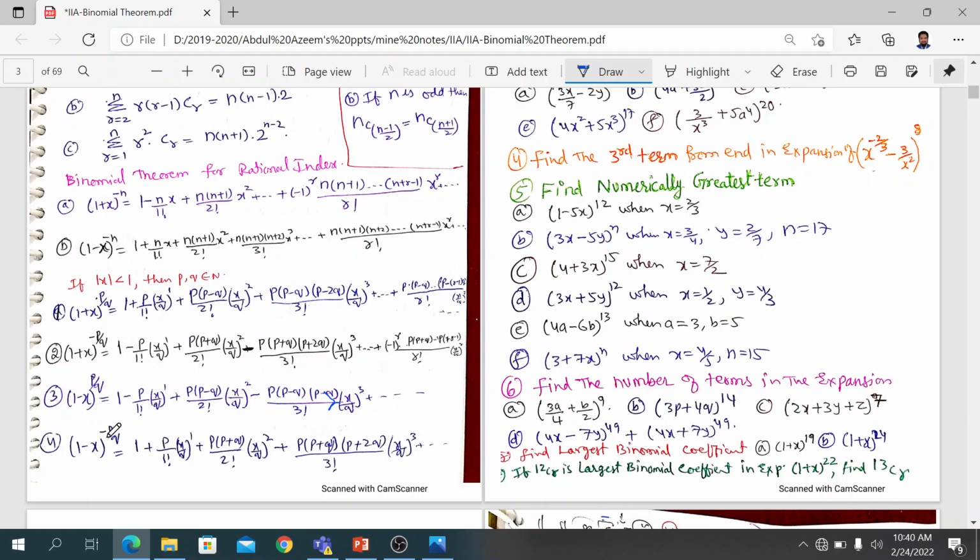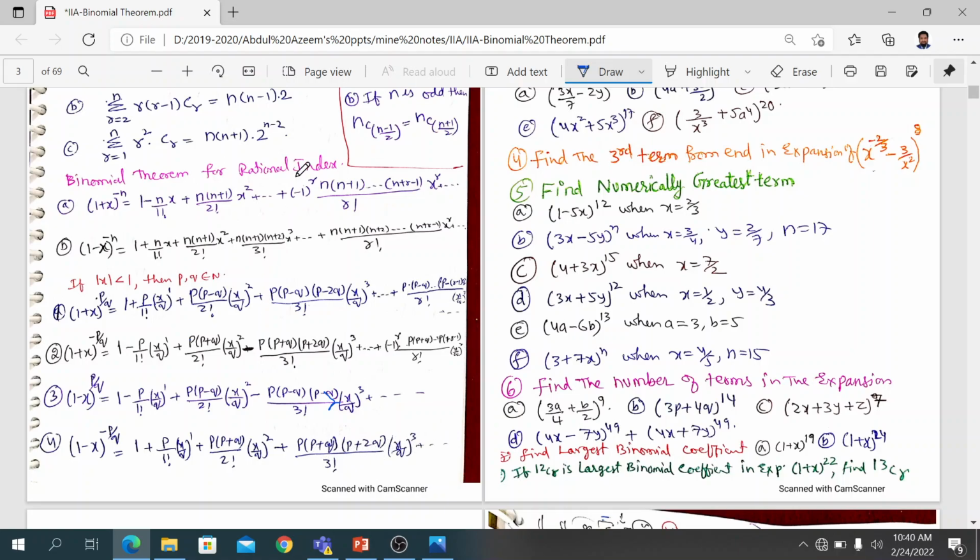Last, 1 minus x power of minus p by q is equal to 1 plus p by 1 factorial x by q plus p into p plus q by 2 factorial x by q whole square plus p into p plus q into p plus 2q by 3 factorial x by q whole cube.